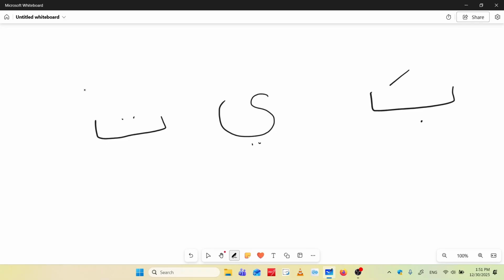Again, we will look at the letters, and we know that all of these letters are two-way connectors, which means we write the initial ba. Then we have the ya, a two-way connector, going to be connected to the ba, because the ba is also a two-way connector. Then we have the ta, which is the last letter. We wrote the ta in the end.